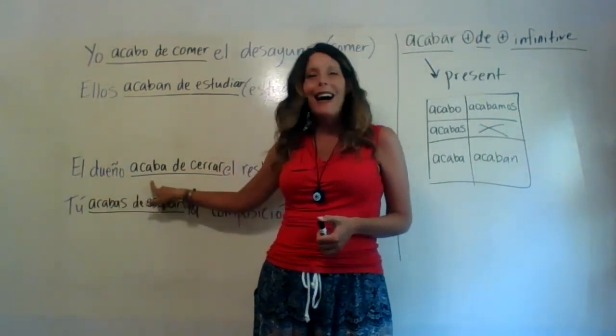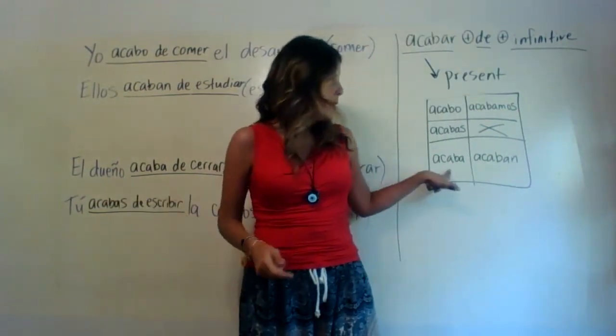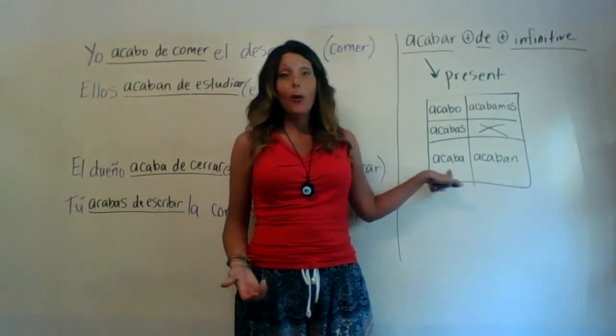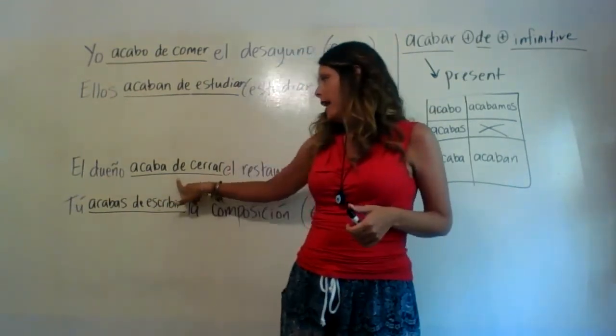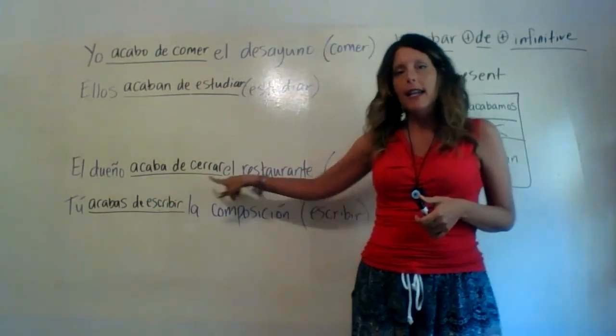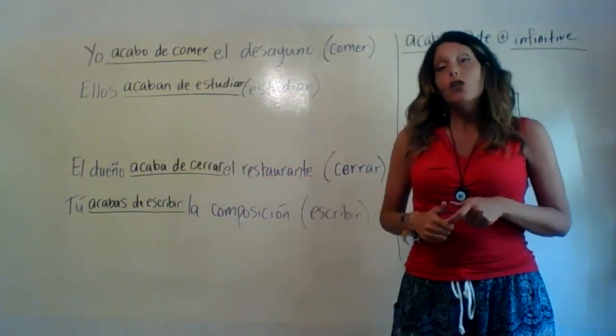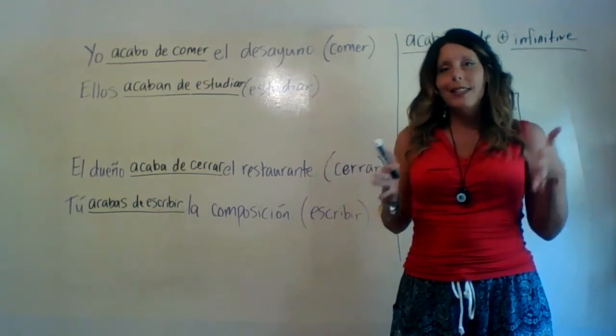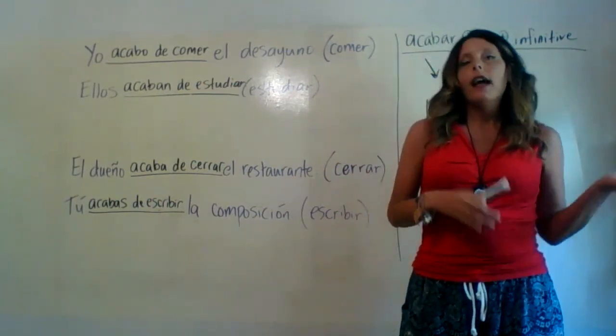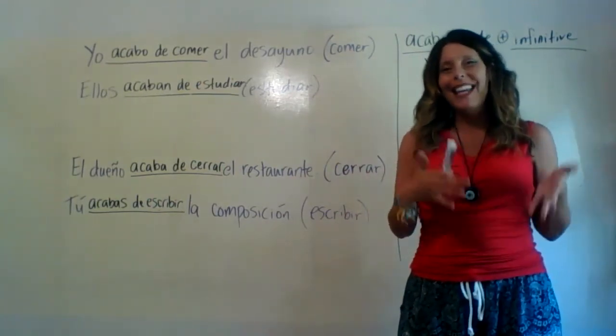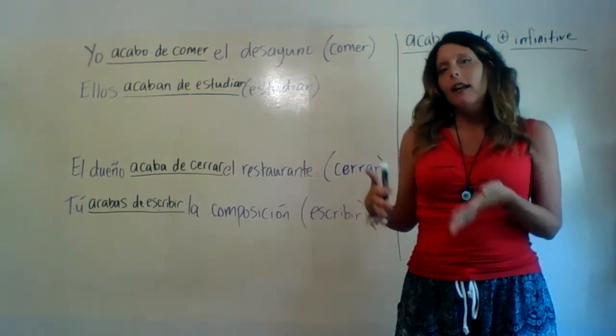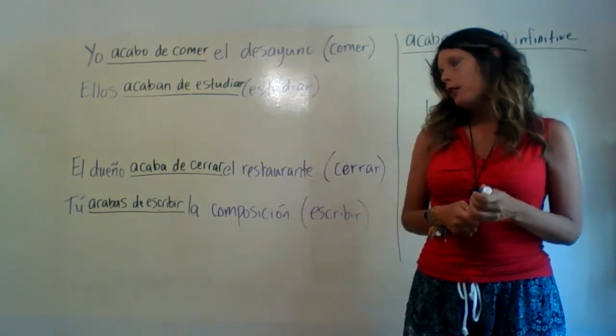We would need acaba, this one right here, because it matches with the owner. Then we have de, then we have cerrar, and then el restaurante. So the owner just closed the restaurant is el dueño acaba de cerrar el restaurante.